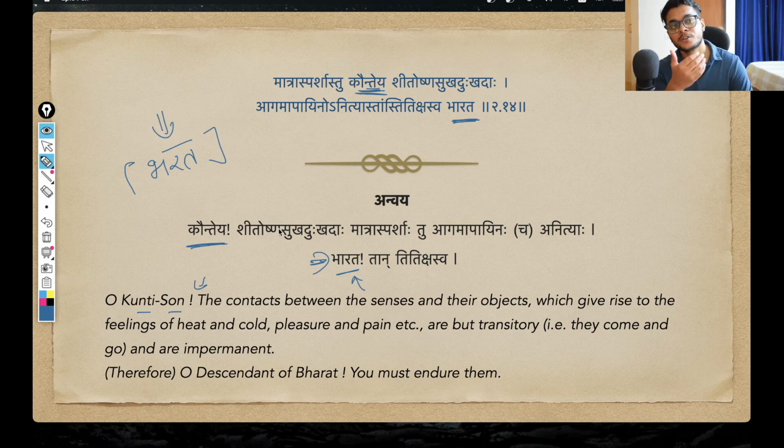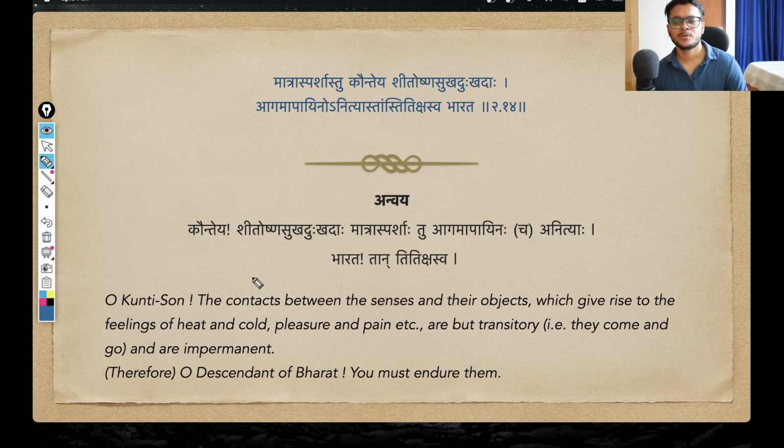So when Sanjay refers to Dhritarashtra as Bharata, he is right in referring to him as a descendant of King Bharat. Similarly, Krishna is referring to Arjuna also as, O descendant of King Bharat, by using this same word, Bharata. We just have to understand the meaning, then it can be used for a lot of people.